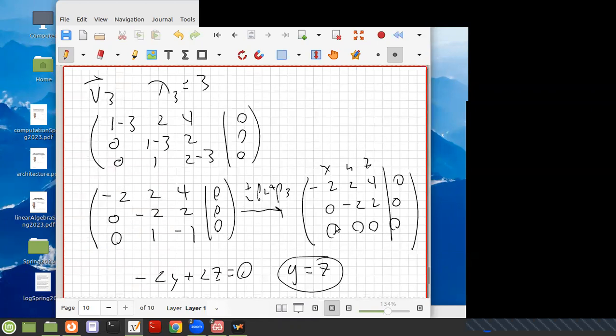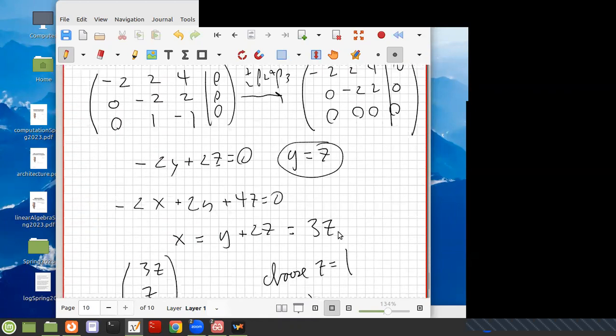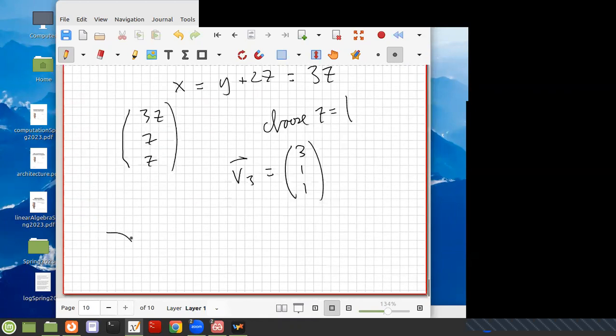Is the simplest. Okay, good. So I have lambda 3 equals 3 with v3 equals 3, 1, 1.